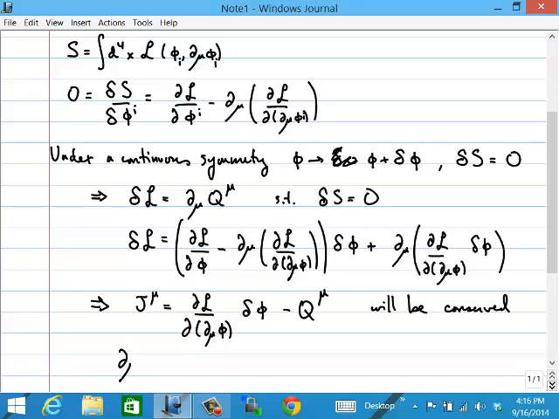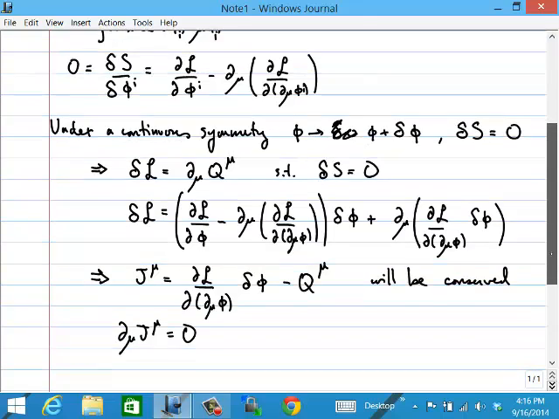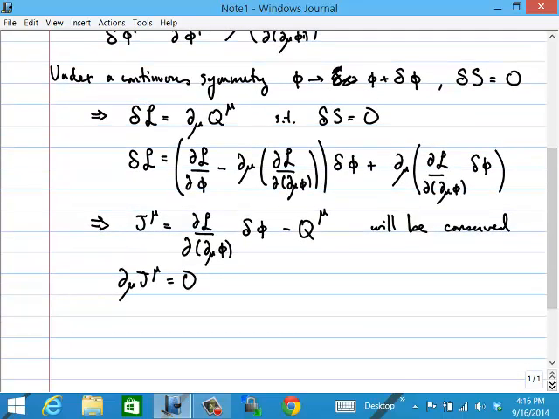So that d mu of J mu, the Minkowski space version of the divergence of the vector field J, will be equal to 0. Okay. So is that clear? That's the derivation that we went through last time.